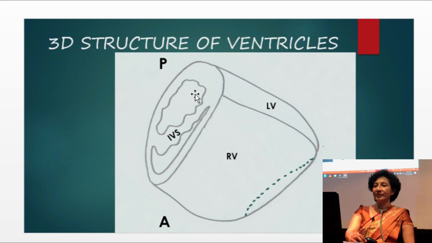Similarly, this is the anterior wall of the left ventricle. The anterior wall of the left ventricle and the interventricular septum both lie opposite to the true posterior wall of the left ventricle.